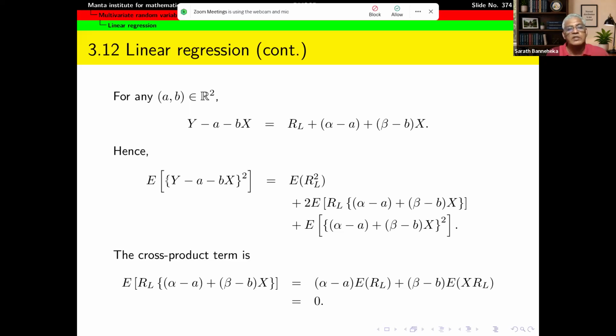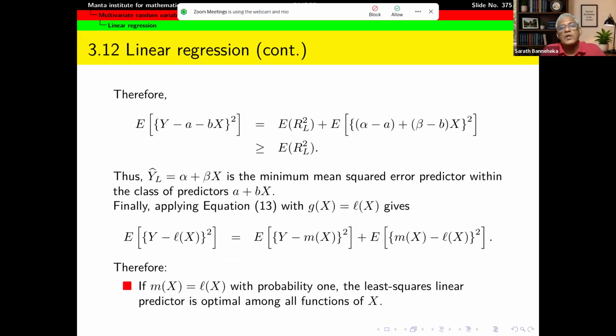So therefore you can see that this is equal to this quantity plus this quantity. But this one is a positive quantity because it's the expected value of the square term. So that tells you that this quantity is greater than or equal to the expected value of RL squared. So what does it tell you?